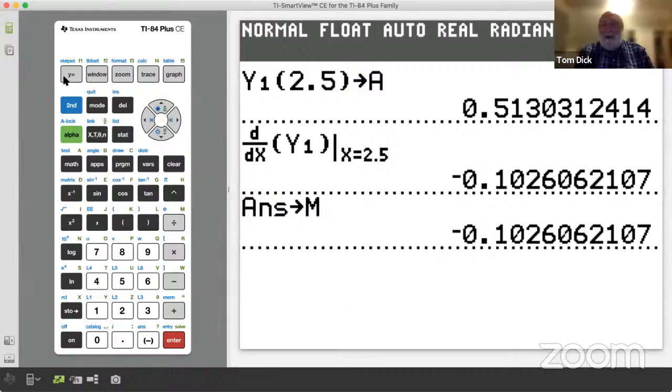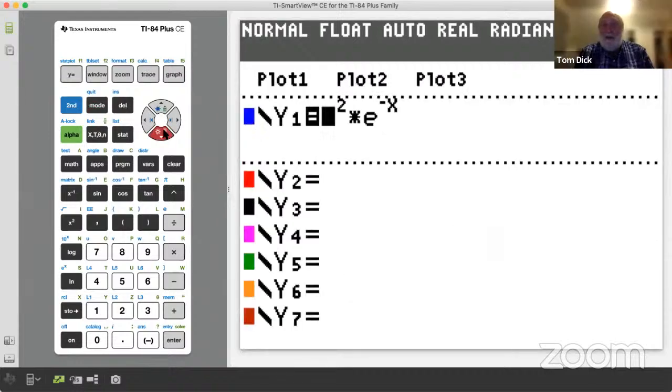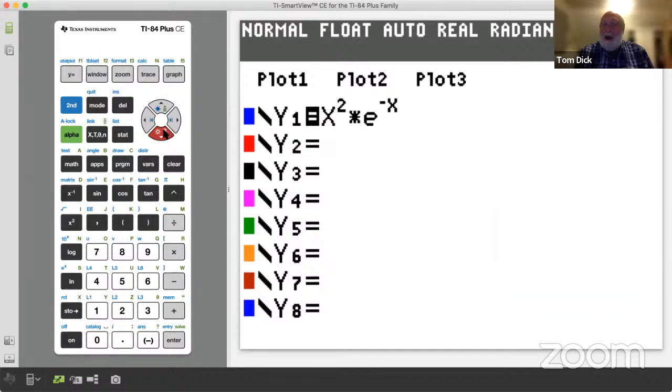And now if we go back to our y equals menu, I want to build the tangent line equation. So we want that slope times the quantity x minus 2.5.